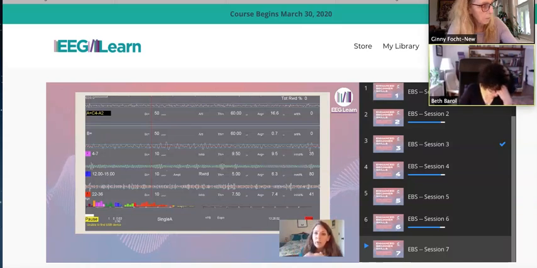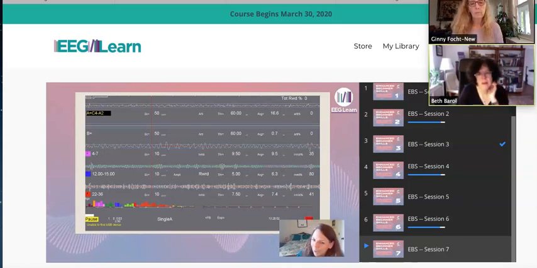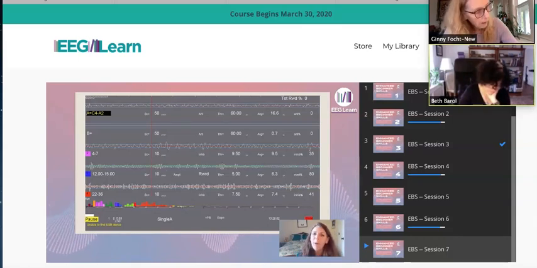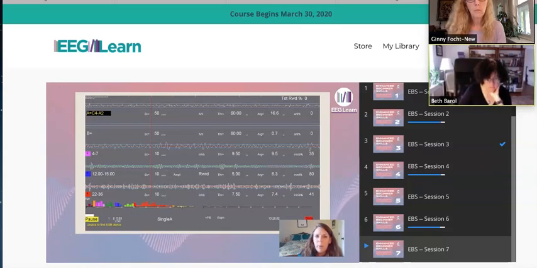We want to find that sweet spot where it's challenging enough to keep the brain's interest without being incredibly frustrating. And that's where you'll use your clinical judgment and what you know about the person, and even just watching the person as they train and checking in with them to see how it's going. Right?